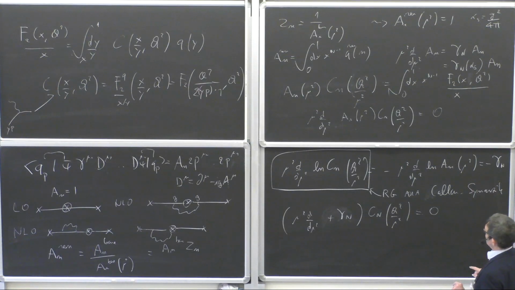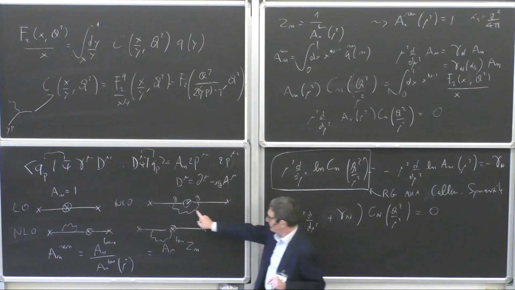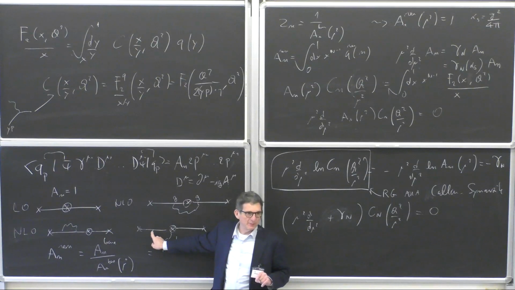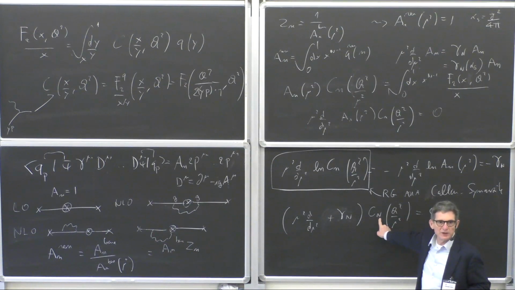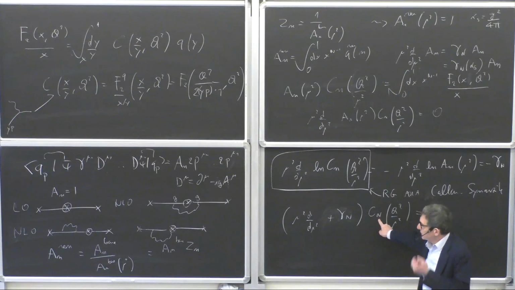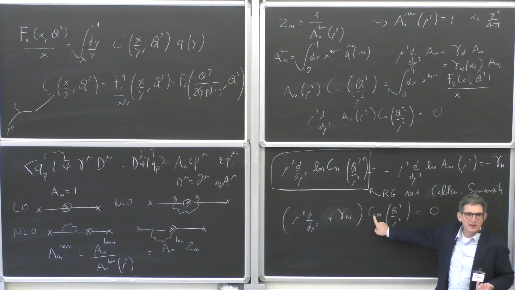Now I notice the following. Just like the operator matrix element beyond leading order depends on the strong coupling, then also the coefficient function, if I calculate it, will depend on the strong coupling. And that's obvious if you think about it, because remember, what this is nothing but the structure function of a free quark.